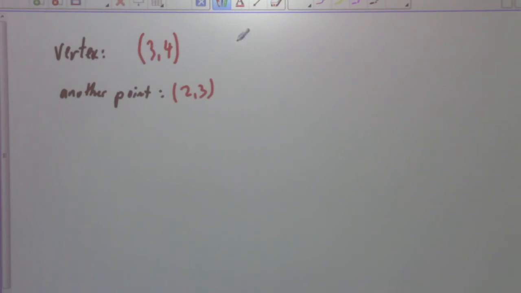So in this case, we have h equal to 3 and k equal to 4. Does that make sense?